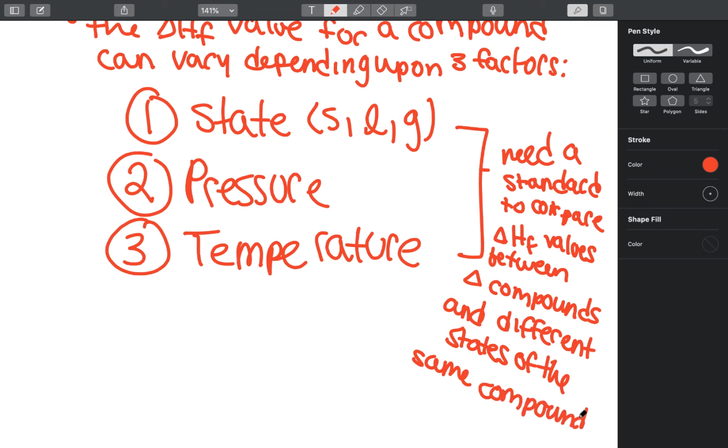So in other words, we need a certain set of standard conditions in order to compare heat of formation values between different compounds. And we also need standard conditions in order to compare heat of formation values between the same compound when it's in different states. So for example, solid water, liquid water, or water vapor.